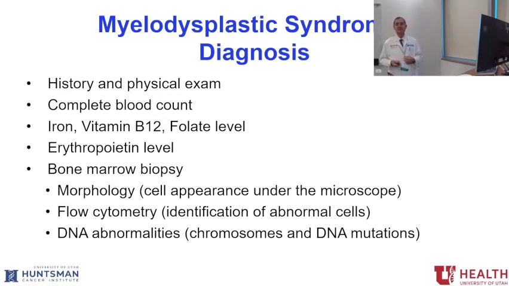together gives us the diagnosis of myelodysplastic syndrome, and then depending on what all these tests show, we could have different so-called prognostic scoring systems that allow us to make some plans as to what we should do.